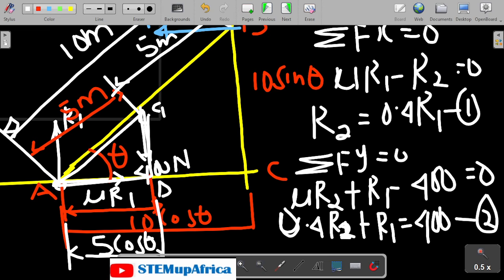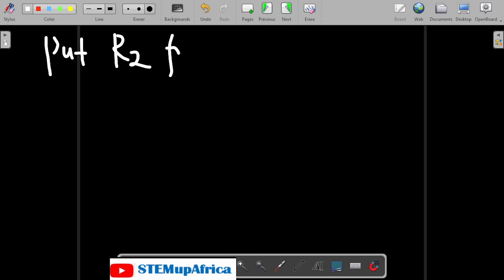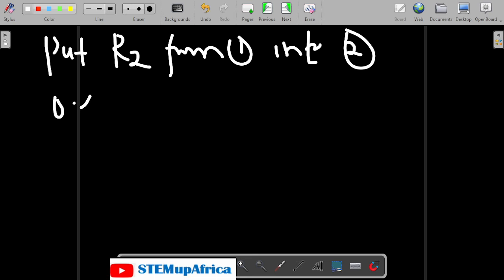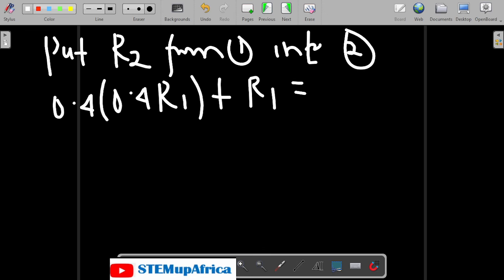So let's substitute the value of R2 from 1 into equation 2. Putting R2 from 1 into 2, I'm having 0.4 into 0.4 R1 plus R1 equals 400.